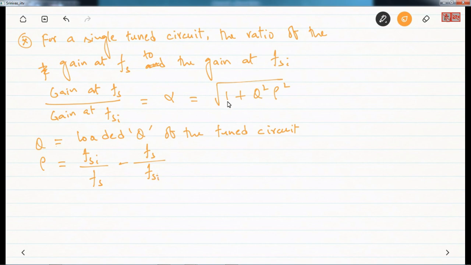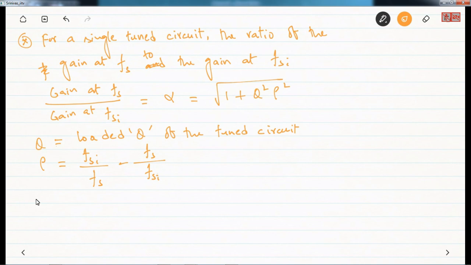So this is the formula. If alpha is very high, what does that mean? If alpha is very high, gain at Fs is very high compared to gain at Fsi, and we are able to reject the image frequency in a better way.